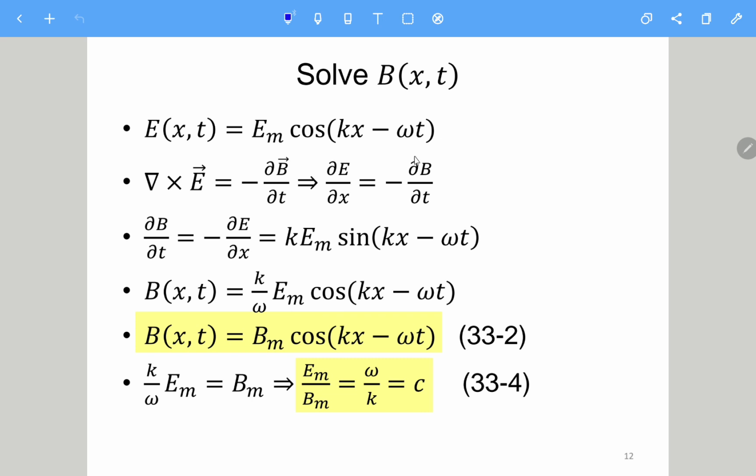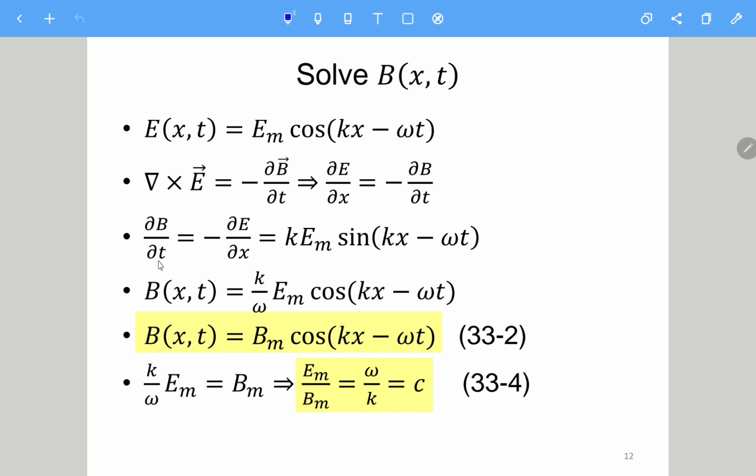If you plug in this one on the left side, we have partial B partial t equals negative partial E partial x. Then you take the partial derivative with respect to x. Cosine gives a negative sign, which cancels with this negative sign, so this becomes positive. And with the chain rule, it is multiplied by k, so k E_m sine of this one, like this.